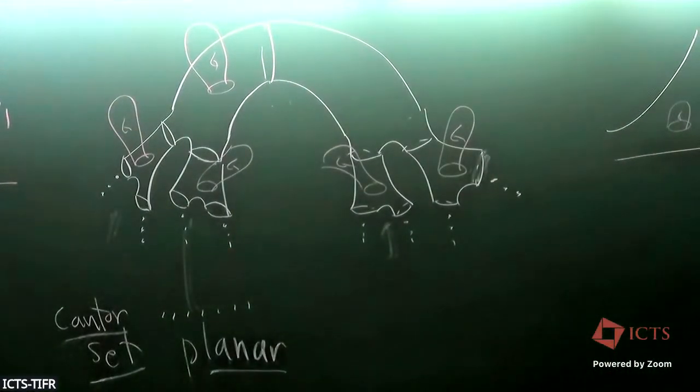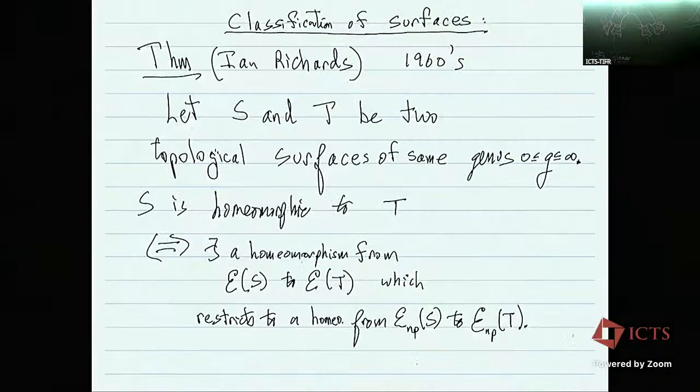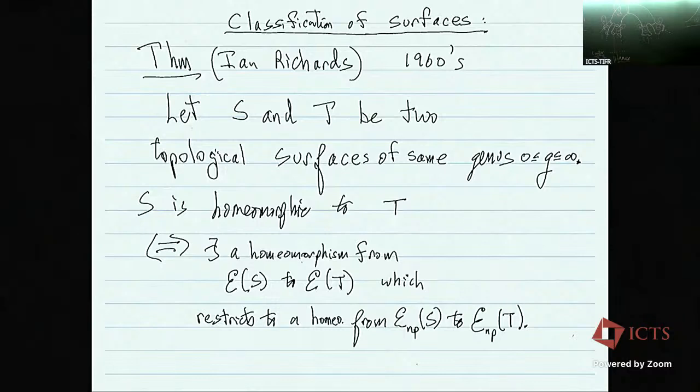Okay, so the reason why I'm talking about ends, non-planar ends, is that there's a classification theorem, and it's quite beautiful. This theorem goes back much further than Ian Richards, but he had, I think, the first real proof of this.